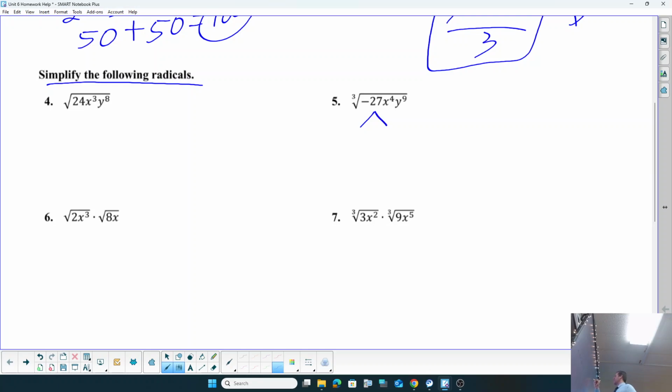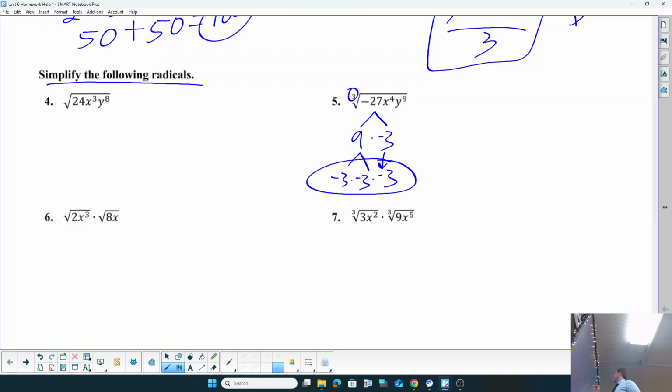So -27 breaks down into 9 times -3. But really, 9 can be broken down into 3 times 3, so we have -3 times -3 times -3. Negative times negative is a positive, and then times negative is negative. So -27 has triplets, and you need triplets when you're doing the third root.